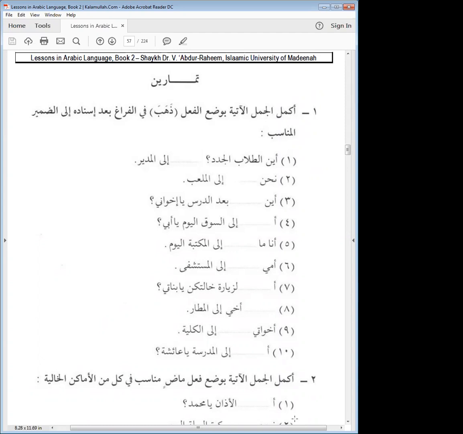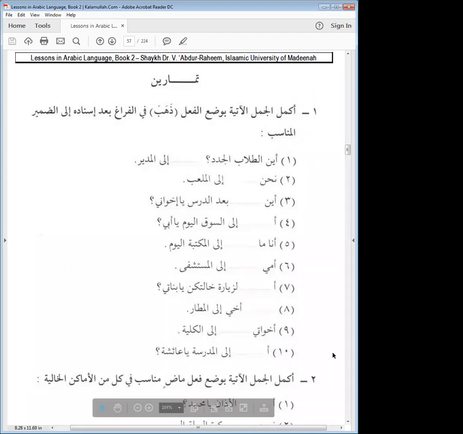Basically you have to conjugate the verb ذهب and fill it into the spaces provided. But you need to know the appropriate conjugation to put. So you need to first of all read the sentence, understand the context in which the verb will fit in, and then you would know which particular conjugation that we just did in the table to apply here.